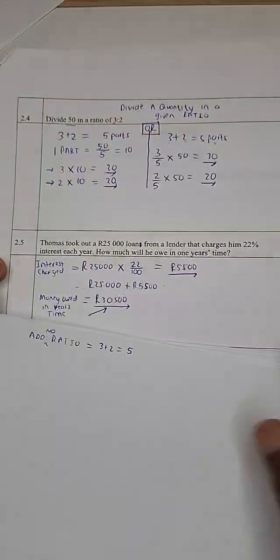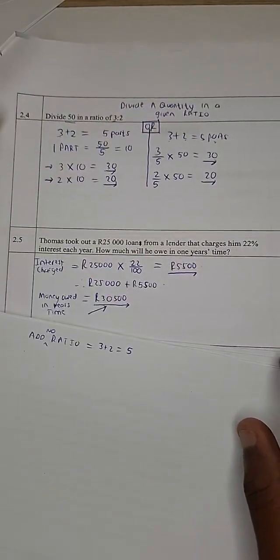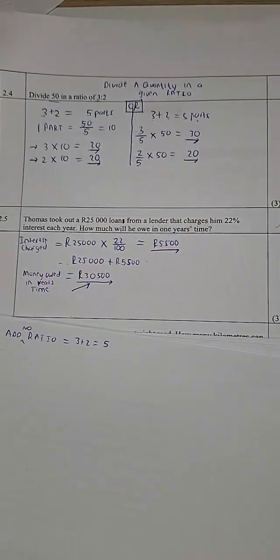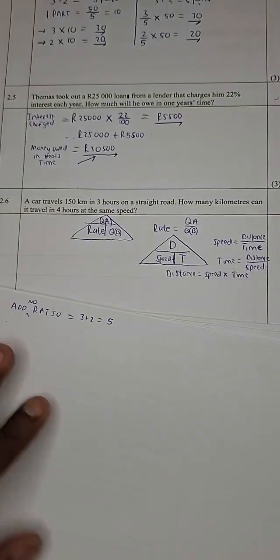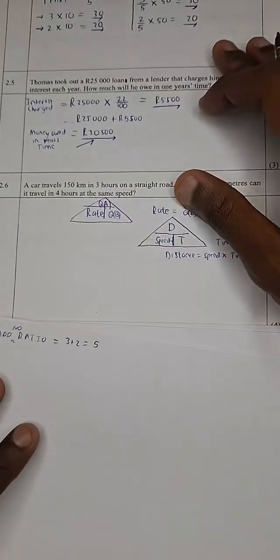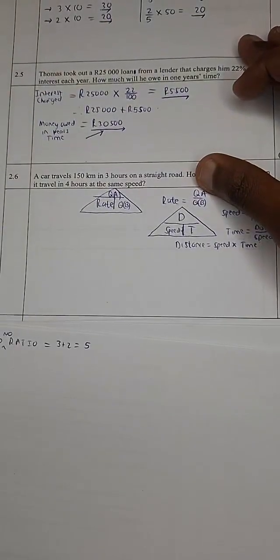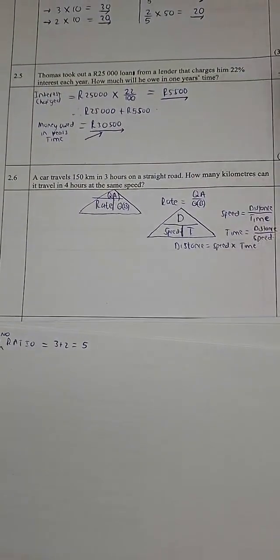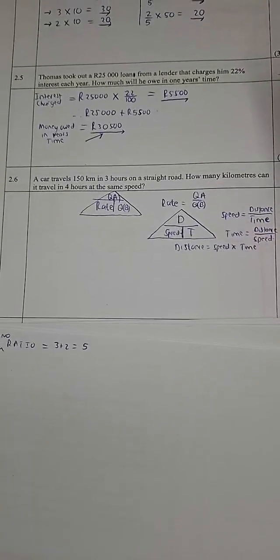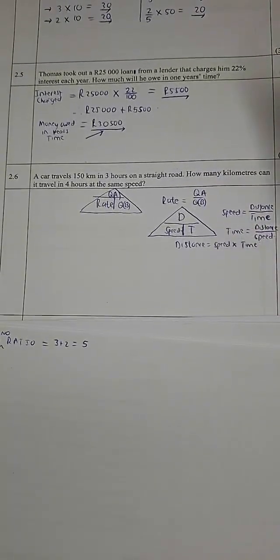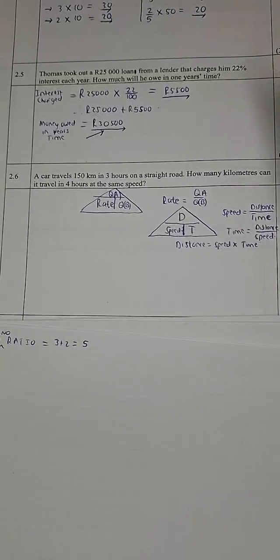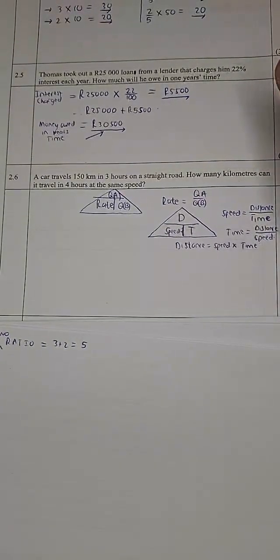Then here we were dealing with ratio, specifically dividing a quantity in a given ratio. So here, with the given information, I can see many people are saying 200 kilometers. It seems like most of you are saying 200.